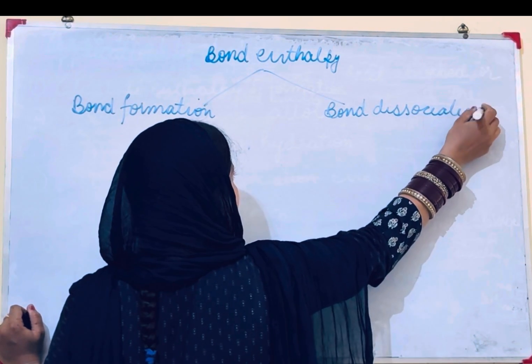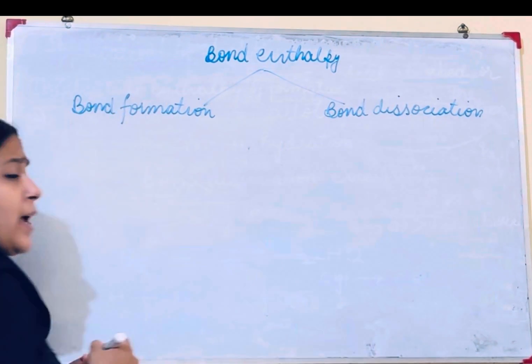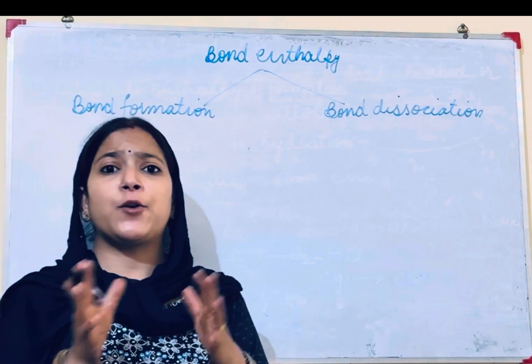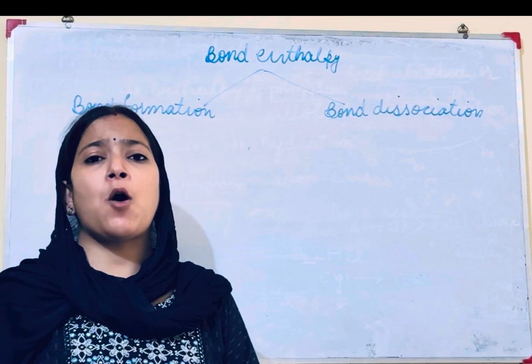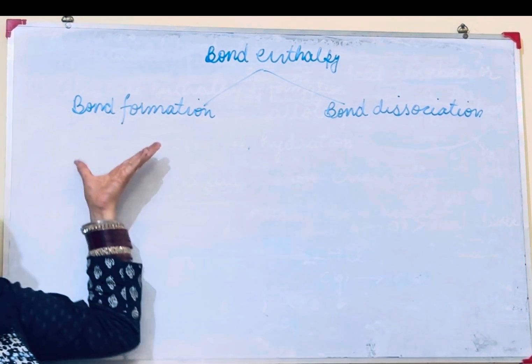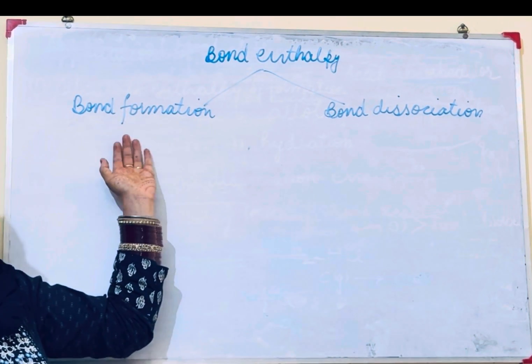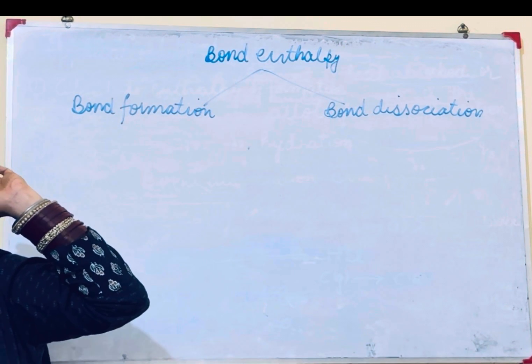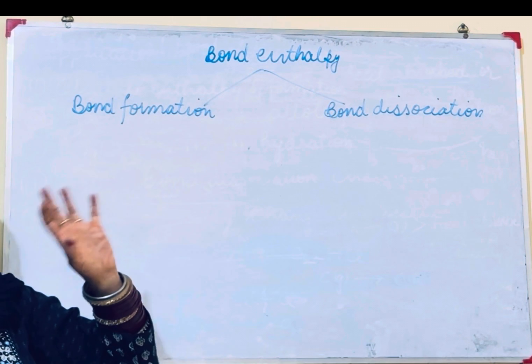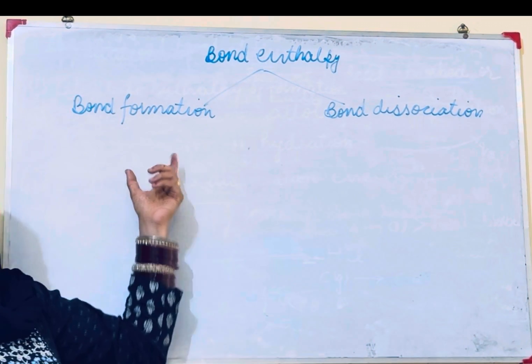Bond formation means whenever any elements combine to form a molecule and there is the formation of new bonds, then the amount of energy released is called bond formation. The amount of energy released during the bond formation.